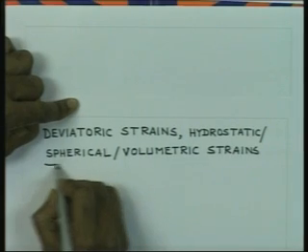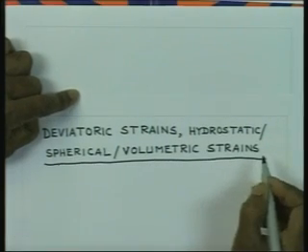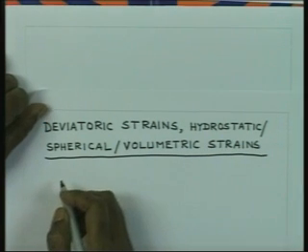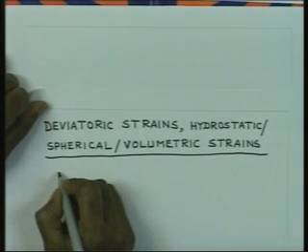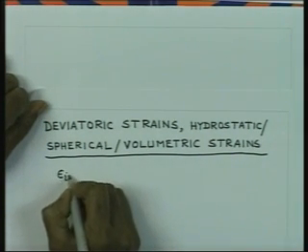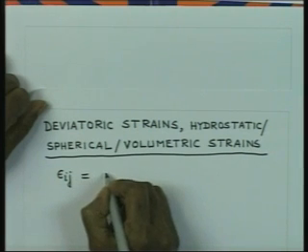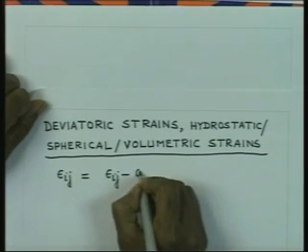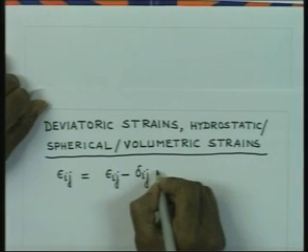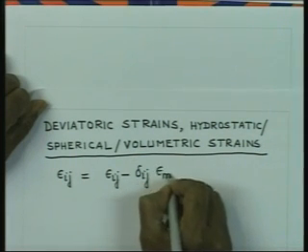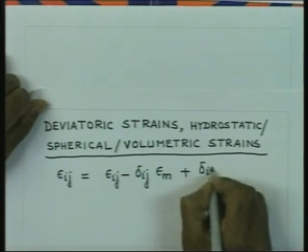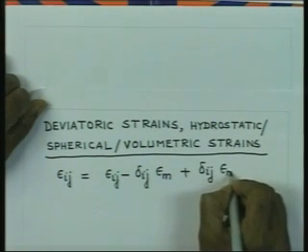so we would like to now break the total strains into deviatoric and volumetric strains, and obviously we can have epsilon ij is equal to epsilon ij minus delta ij into epsilon m plus delta ij into epsilon m.